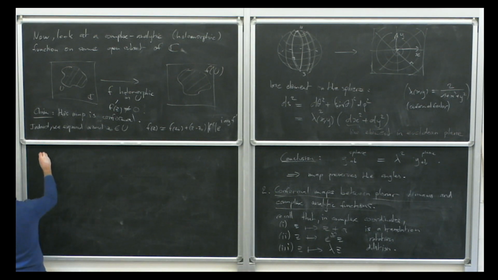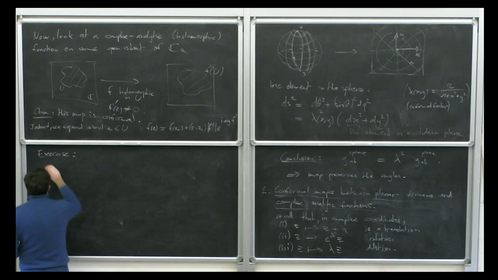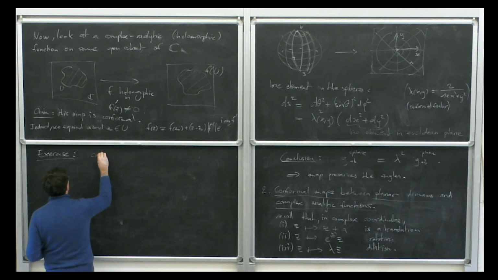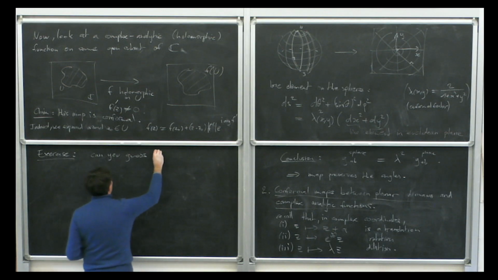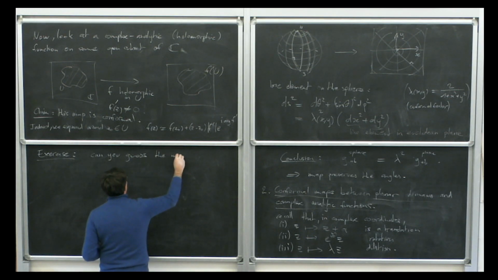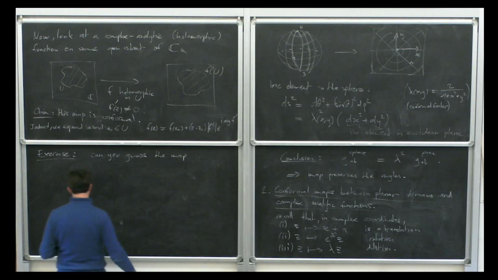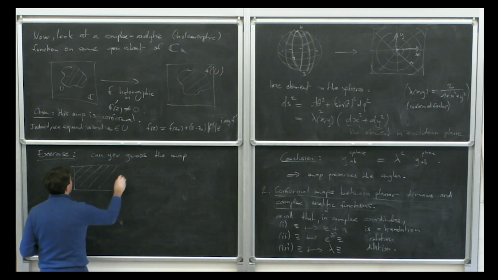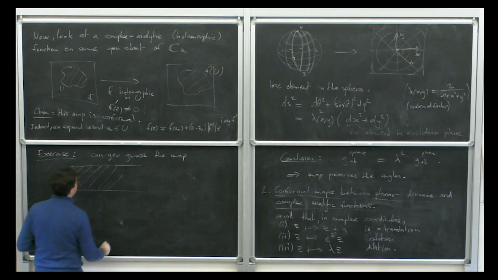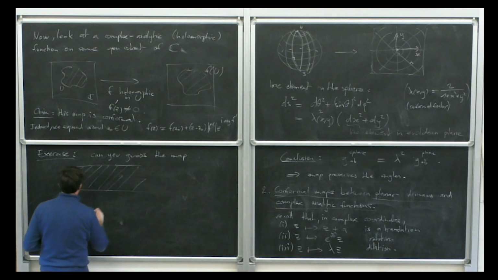So exercise. Can you guess the formula for this map that sends, say, a half infinite strip like this.